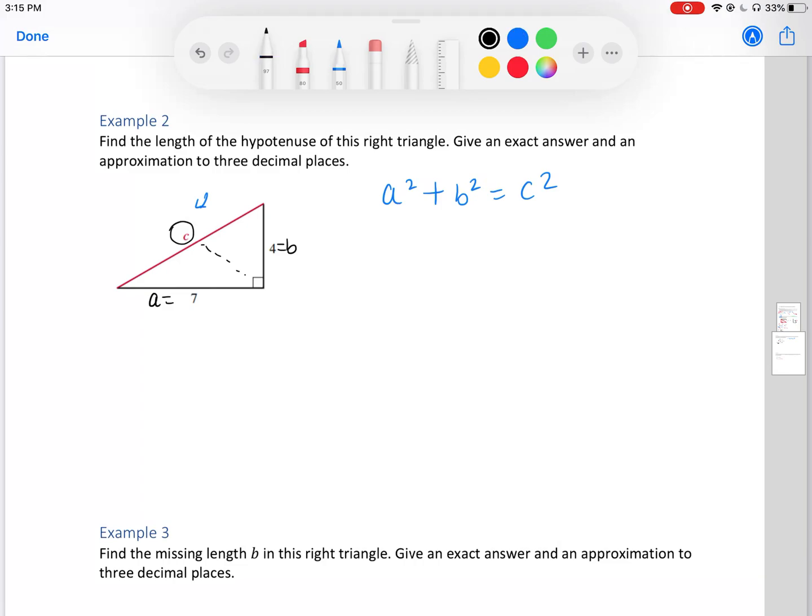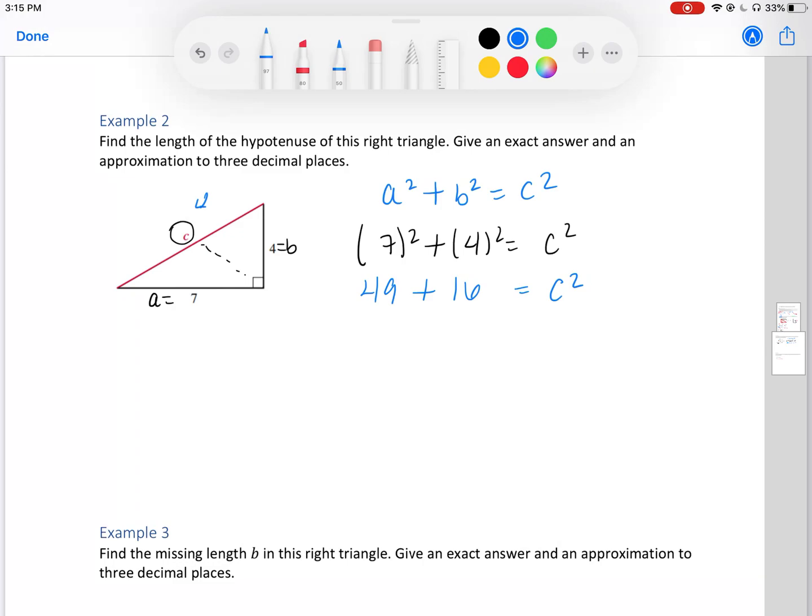All right, let's work this out. So I have 7 squared plus 4 squared equals c squared. 7 squared is 49. 4 squared is 16. And we want to find c squared. Let's add 49 plus 16.